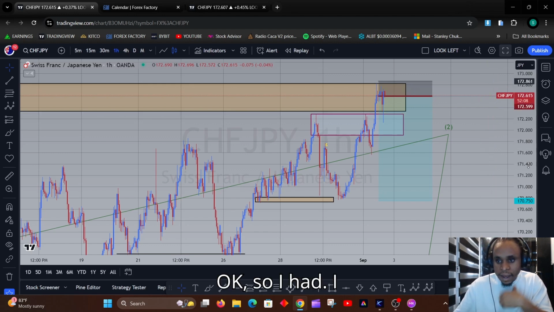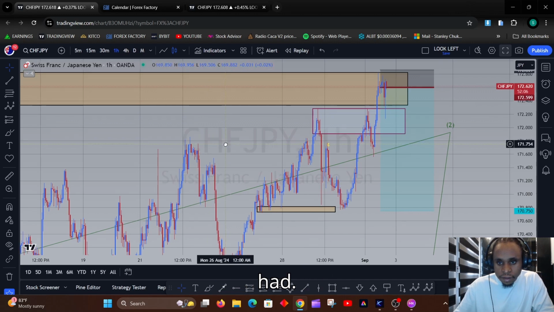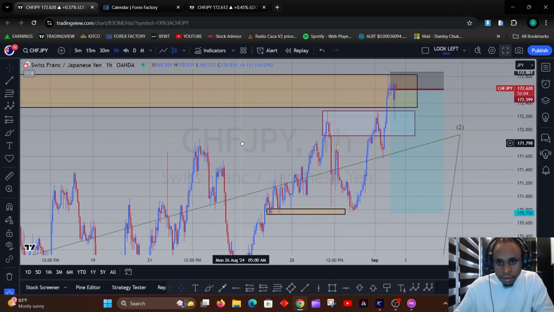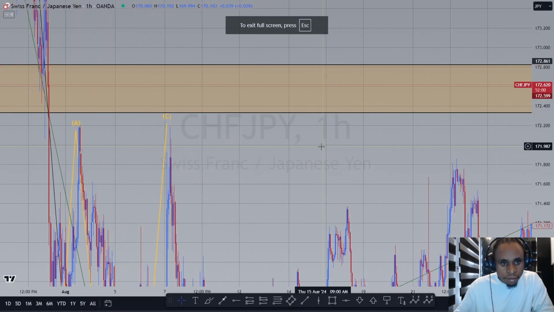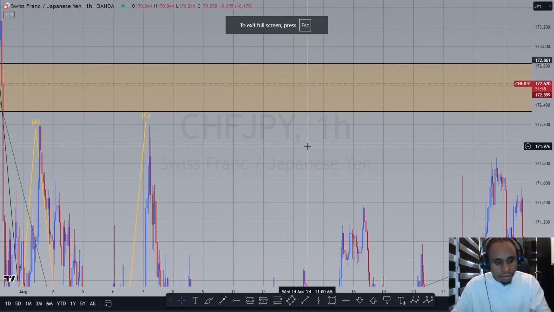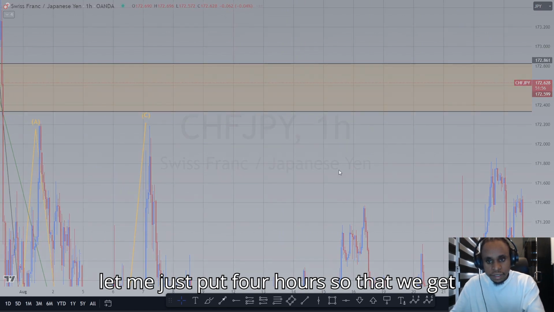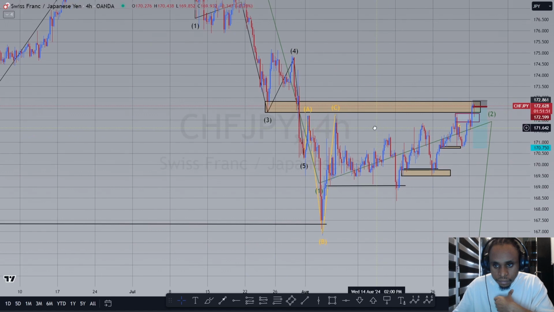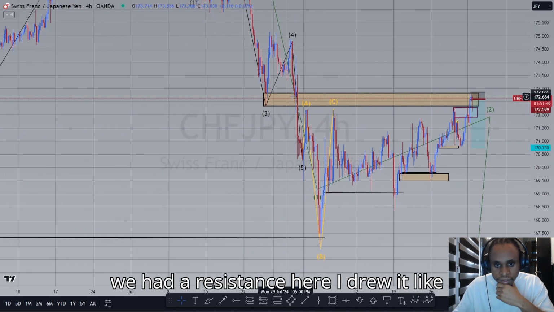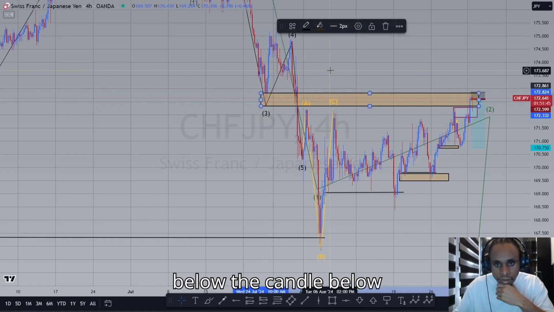Okay, so I had that resistance here. Let me just put 4 hours so that we get a cleaner view. I had a resistance here. I drew it below the candle.